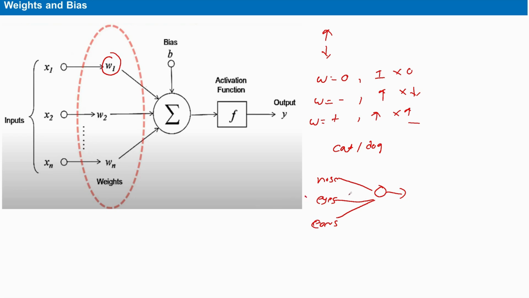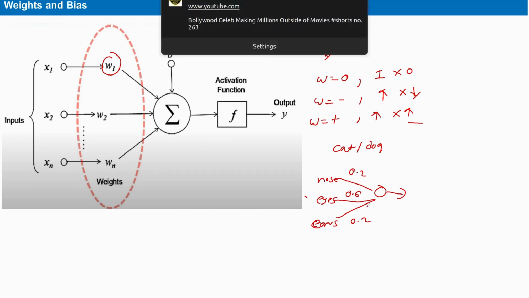For example, if all the weights are between 0 and 1, and I give a weight of 0.6 to the eyes, 0.2 to the nose, and 0.2 to the ears, then the eyes feature will contribute more to the final output, because it has more magnitude.